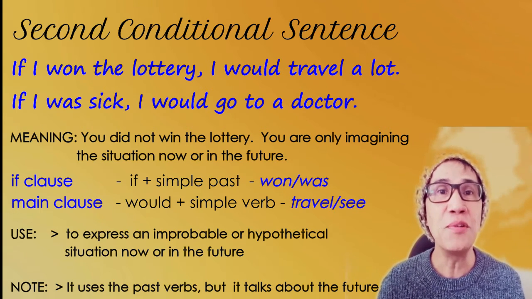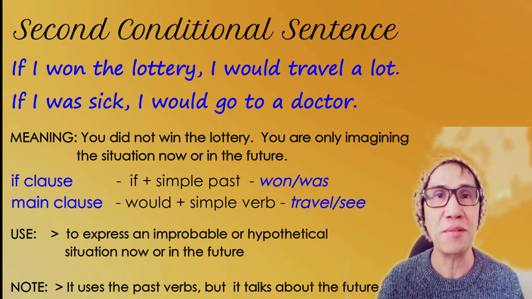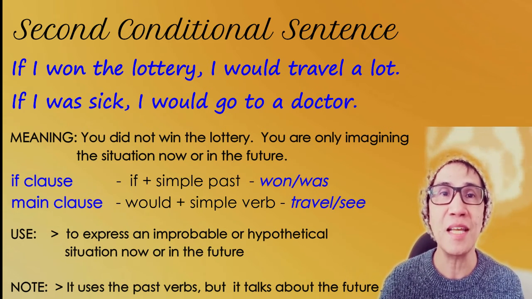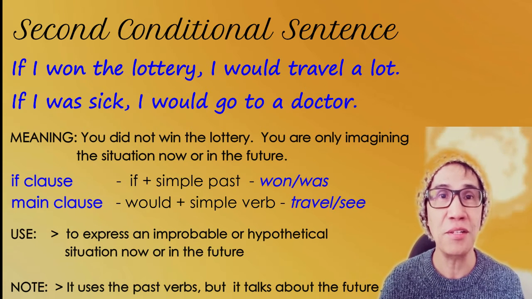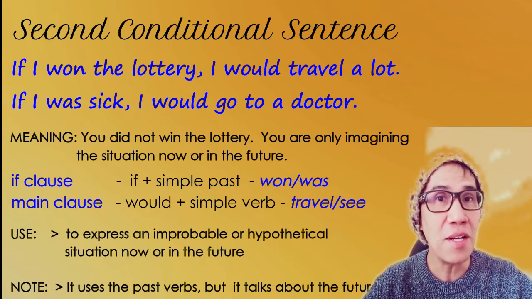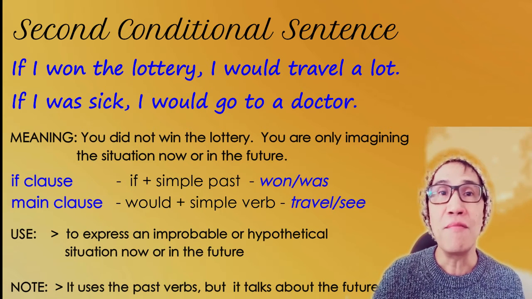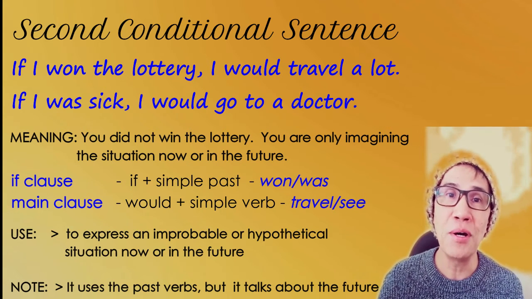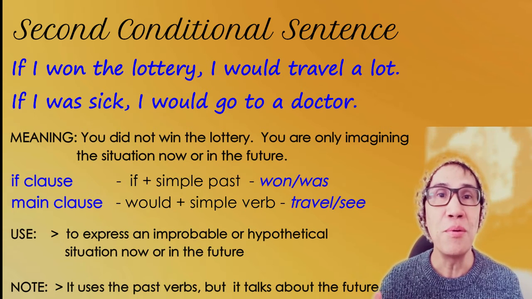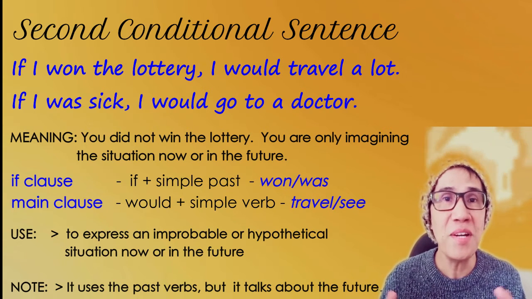This means that you did not actually win the lottery. You are only imagining or fantasizing about winning the lottery now or in the future. Let's have another example. If I was sick, I would go and see a doctor. Again, you are not sick.